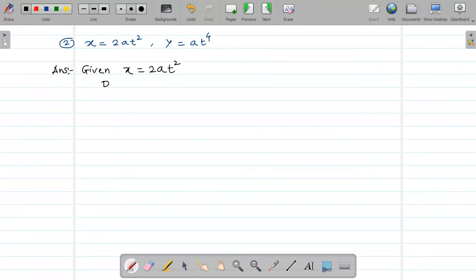By the same technique, we differentiate this with respect to parameter t. So we get dx by dt. Here 2a is a constant and the derivative of t square is 2t. So the complete answer is 4a into t.